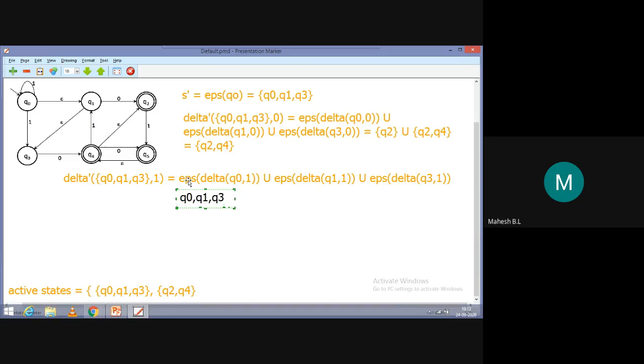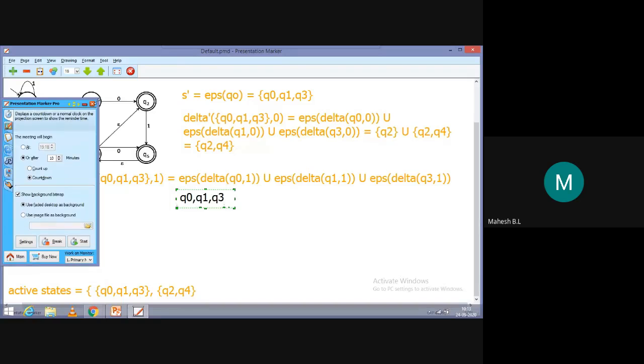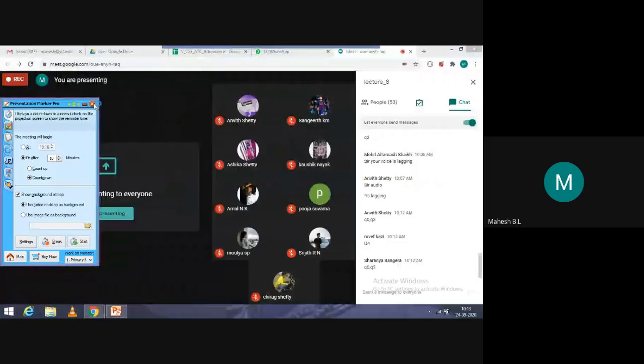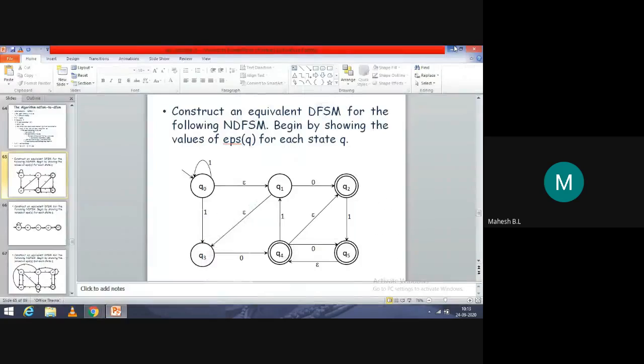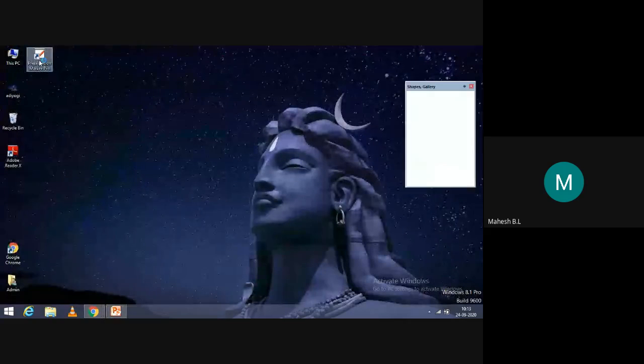So you know that we are computing delta of q naught comma 1.